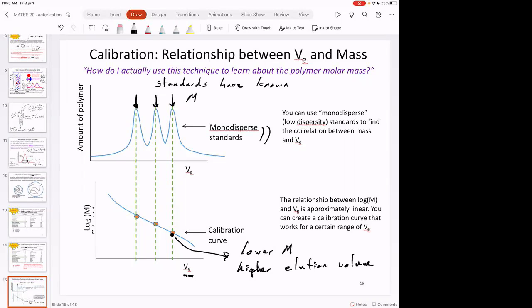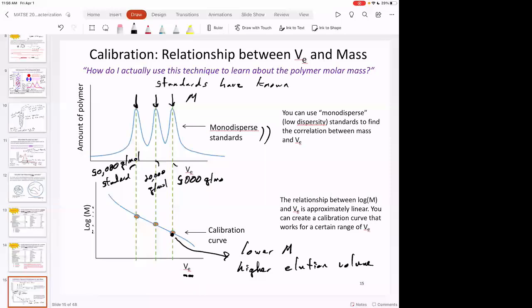So on this green line, this could be like a 50,000 gram per mole standard. This is like a 20,000 gram per mole standard, and this could be like a 5,000 gram per mole.